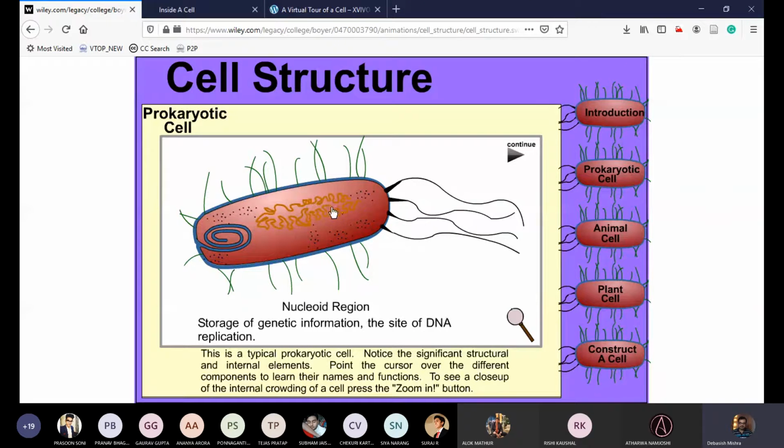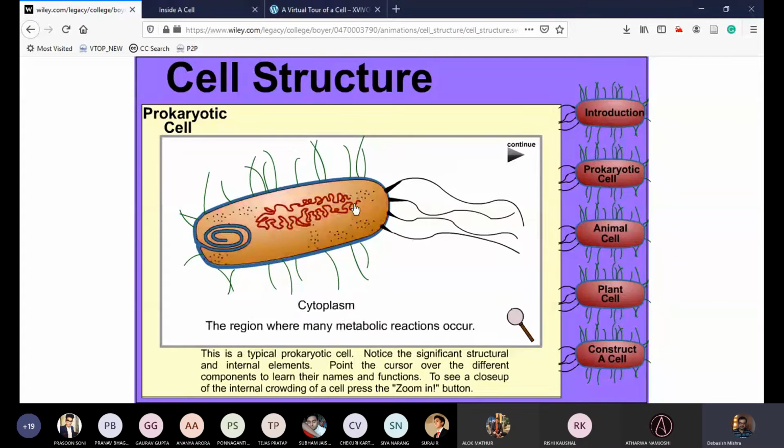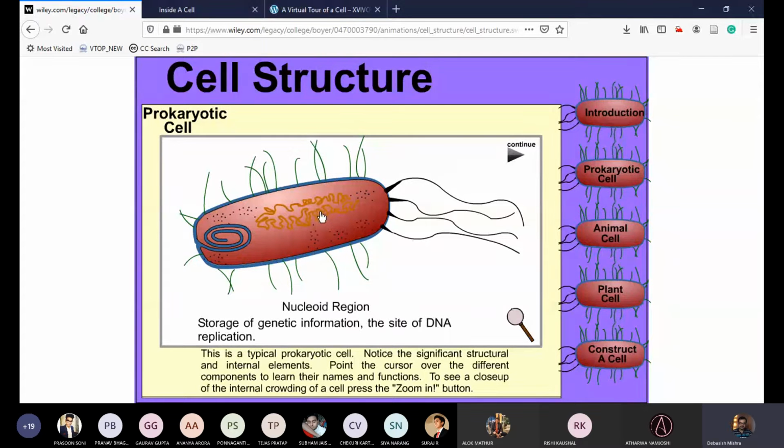Can you see there is no specific dark, circular spot here in the center, as we have seen in the eukaryotic cells? So this is the nucleoid. It's not a nucleus, so we call it a nucleoid, nucleus-like material. Okay.